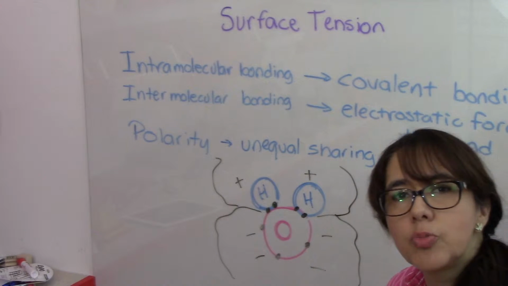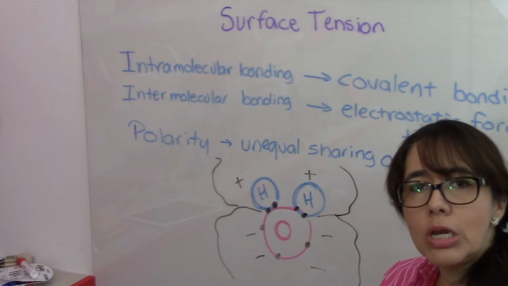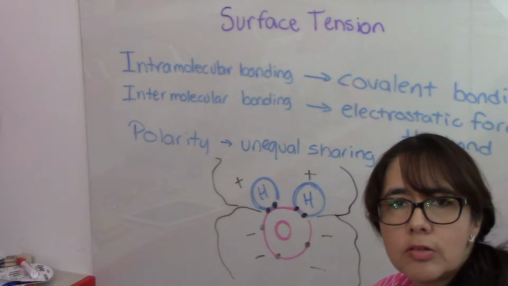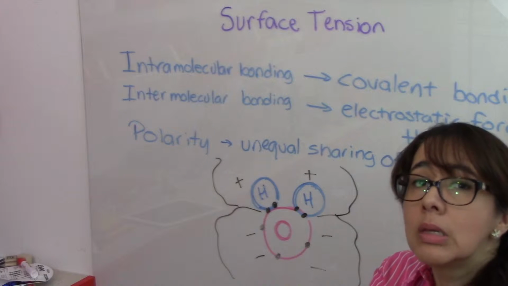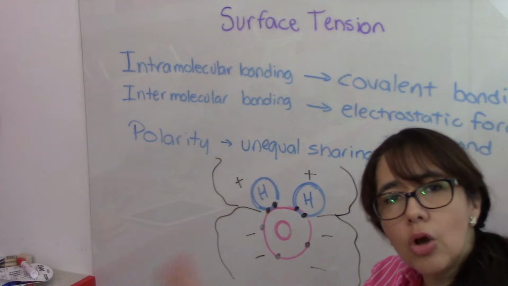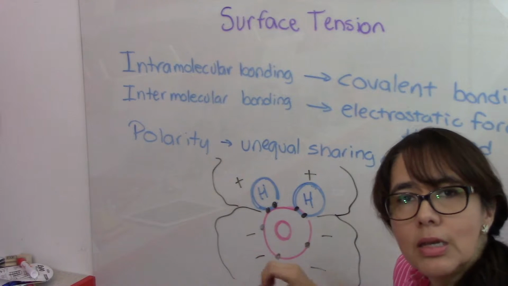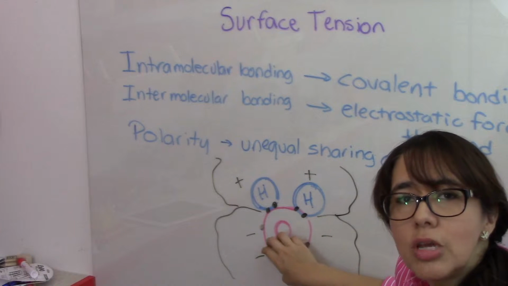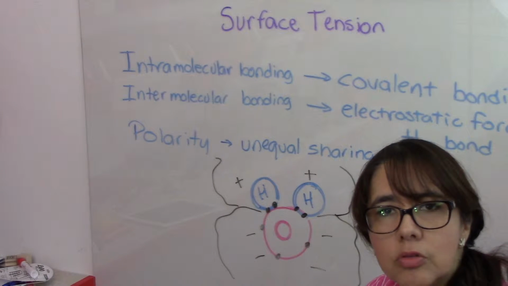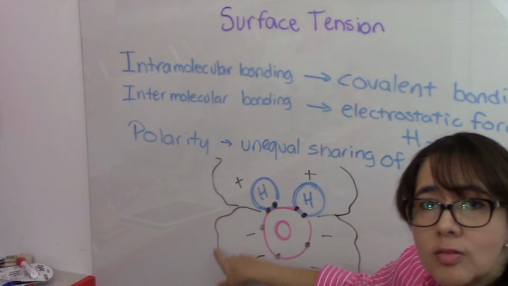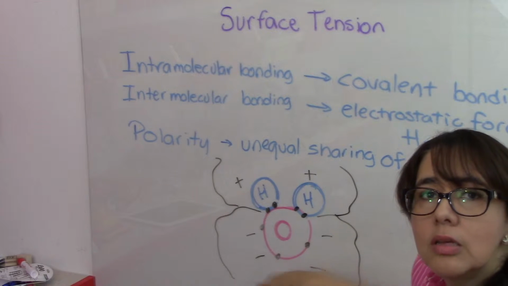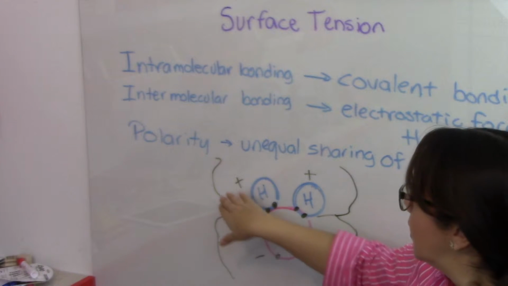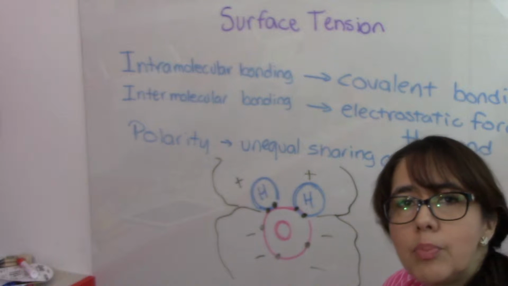This molecule becomes polar. Polarity means an unequal distribution of charges. That means one side becomes slightly positive and the other one slightly negative. In this case, the oxygen is quite greedy for electrons. So the side that has the oxygen is slightly negative and this side is slightly positive.